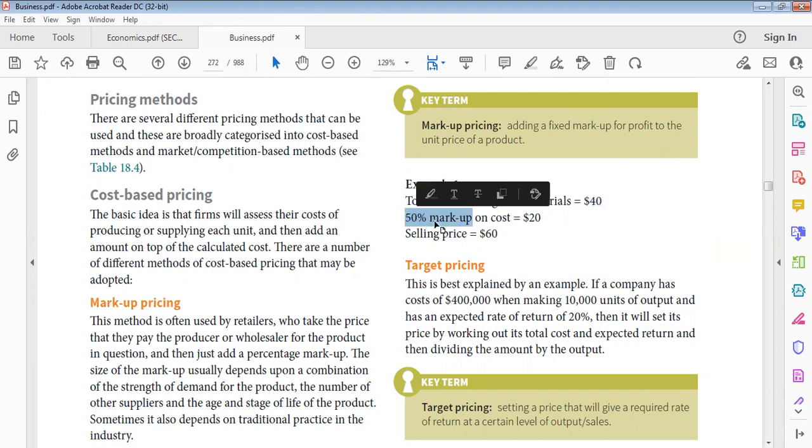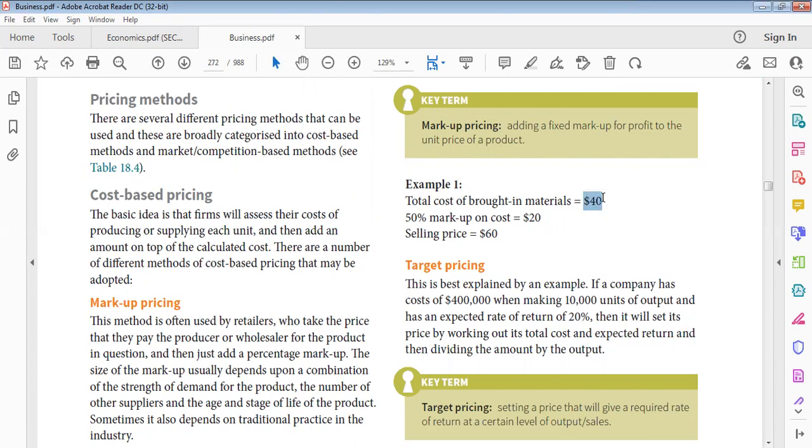Markup is like a return. What percentage of your cost do you want to earn as a profit? Look at this guy. Maybe his cost was $40, and his markup was 50%. So 50% means whatever his cost is, he wanted half of that as a profit.